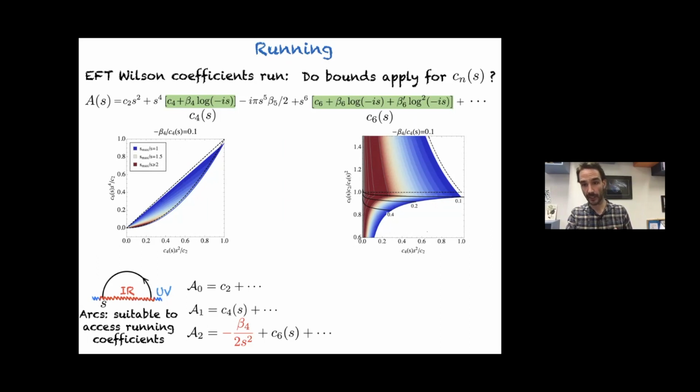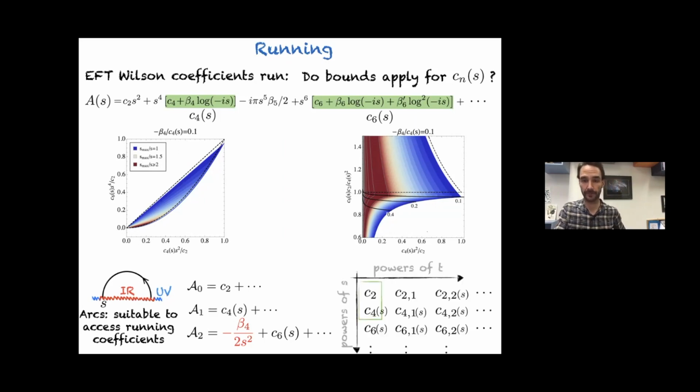This quantity equal to 1 is equivalent to the belly of this figure. And in particular, in our table of coefficients, where now I promoted all the coefficients to functions of s because there are running coefficients, the relation between C2 and C4 remains very similar because these arcs are not modified.